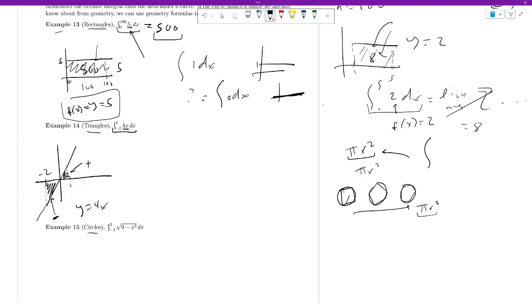Well, my picture's not great, but you probably believe me that these are triangles, right? These are straight vertical sides. These are right angles. These are right triangles, even, right? So as long as I know the area of a triangle, and I can find the base and the height of both these triangles, I can evaluate this integral. Let's just remember that the area of a triangle is 1/2 base times height.